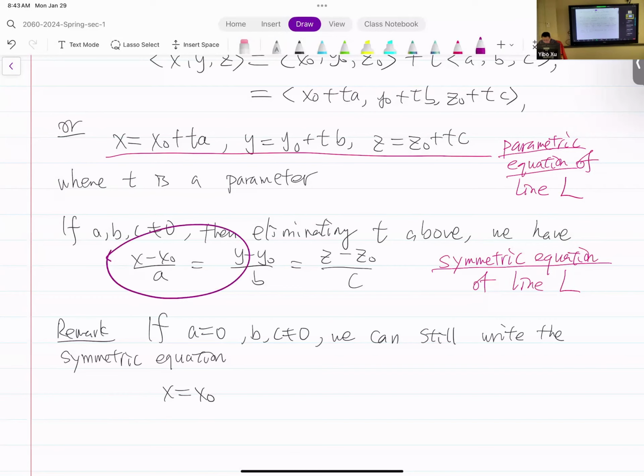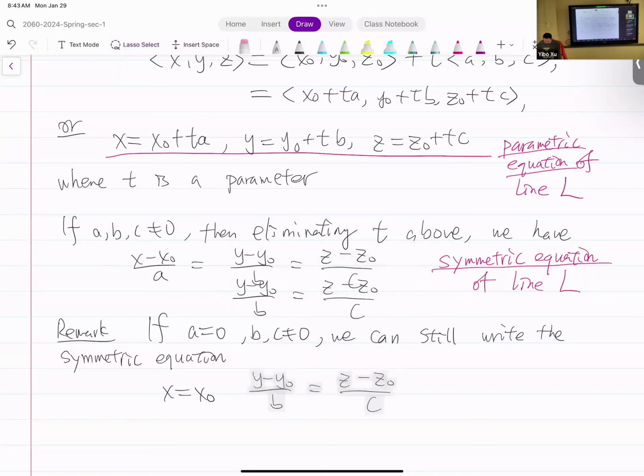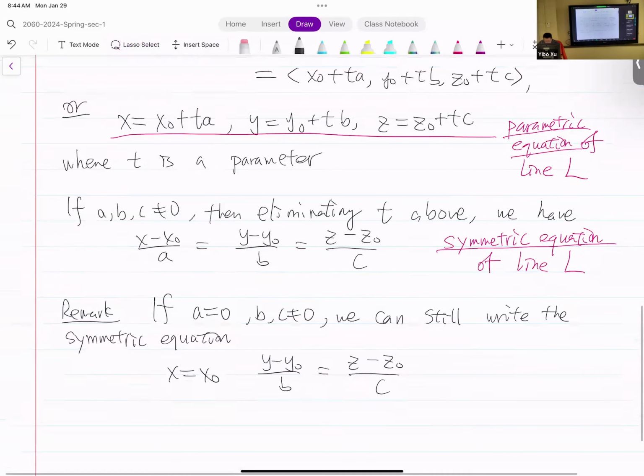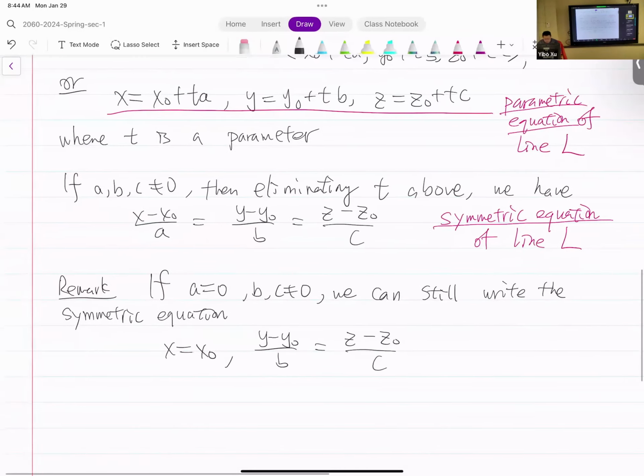So this equality will not be expressible, but the rest is still going to follow. So now the symmetric equation just has a different form.